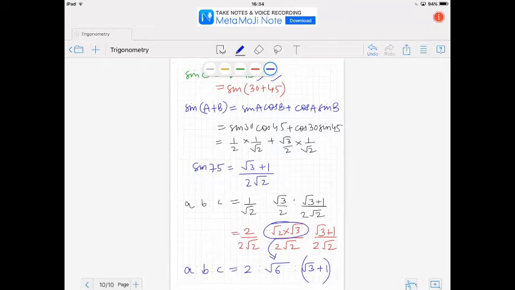So this is what we have to prove. All right. So I will first of all write the sine rule. We'll take the help of sine rule to prove this equation.